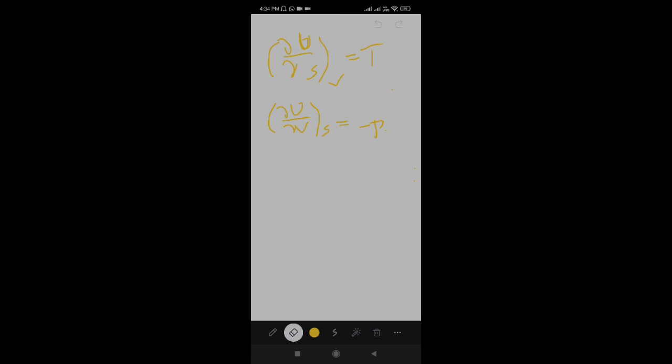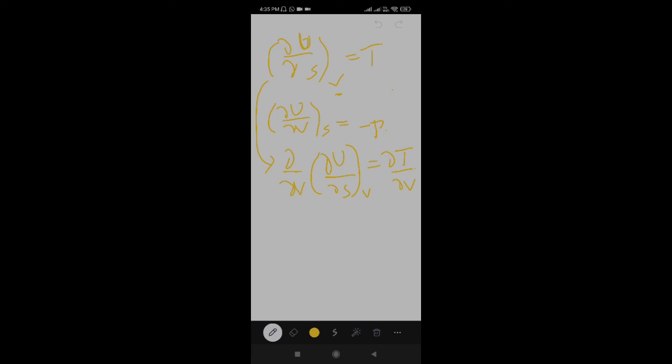Otherwise you simply differentiate this equation with respect to V, the first one. Dou by dou V of dou U by dou S at constant volume is equal to dou T by dou V.